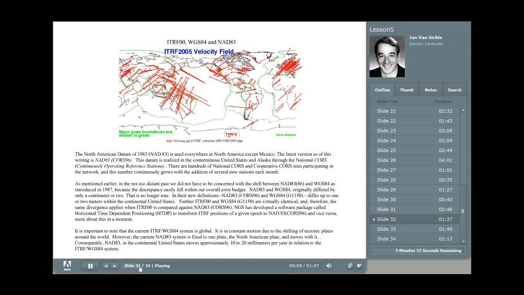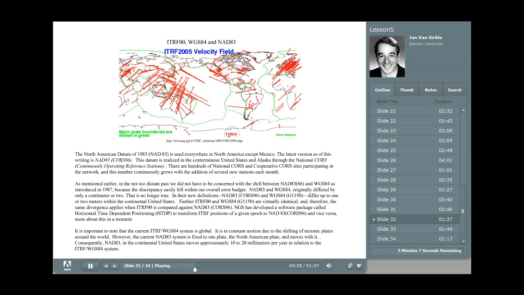Now, the North American Datum 1983, its latest is the NAD 83 CORS 96. As mentioned earlier, in the not-too-distant past, we didn't have to be concerned with the shifts between NAD 83 and WGS 84 because they were well within our overall error budget.